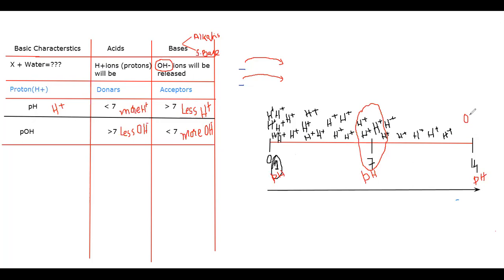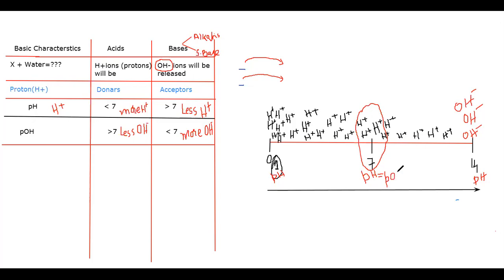In case of pH, more hydroxide ion means less hydrogen ion there. So the substances which are more alkaline or more basic have more tendency to release the hydroxide. But at 7, the pH and pOH are always equal at one point.